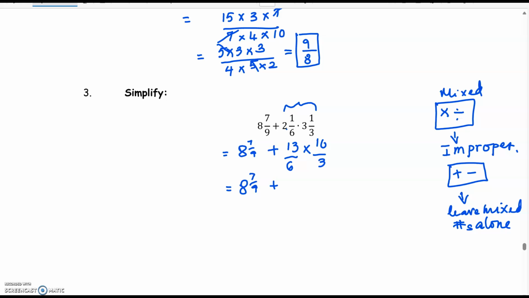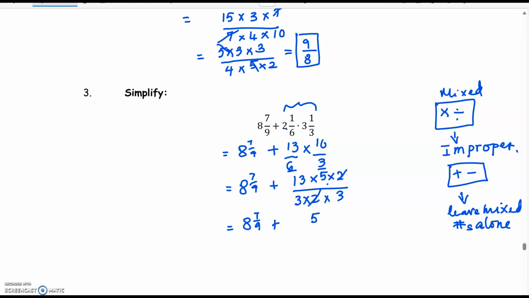I see a 2 sitting in the numerator because 10 is 5 times 2. The 6 in the denominator is 3 times 2, and then we have another 3. So I write that down. I cancel the 2's. And now I have 8 and 7/9 plus 13 times 5.